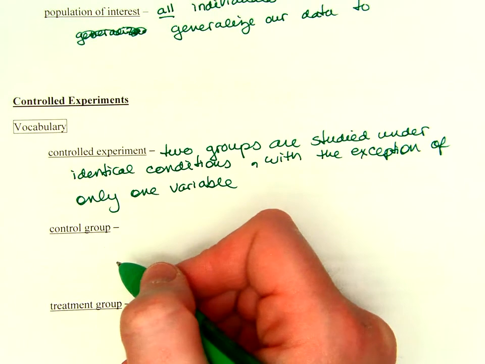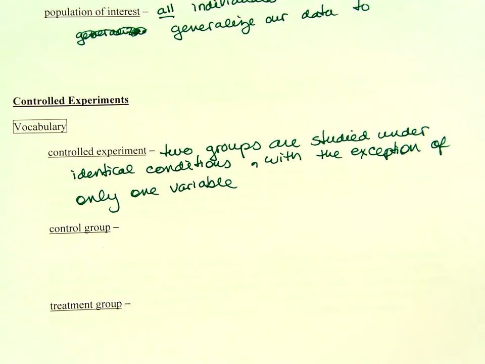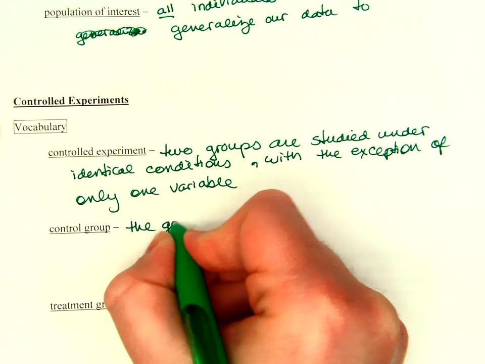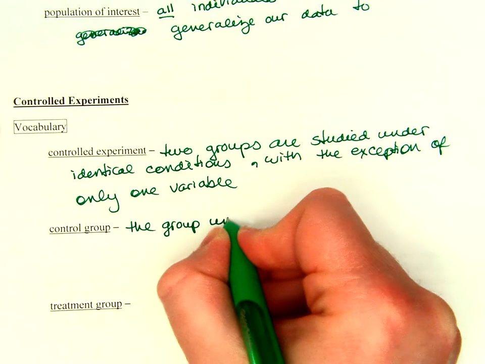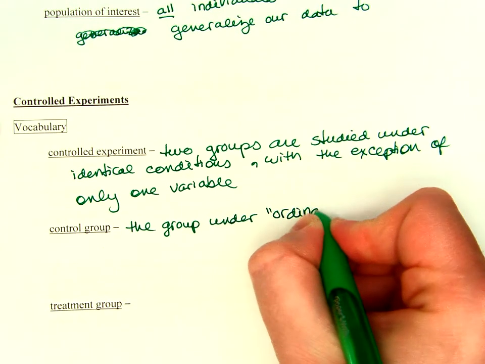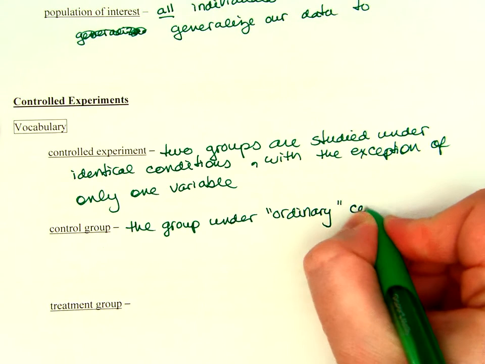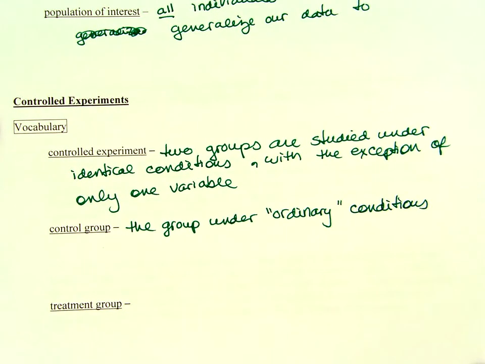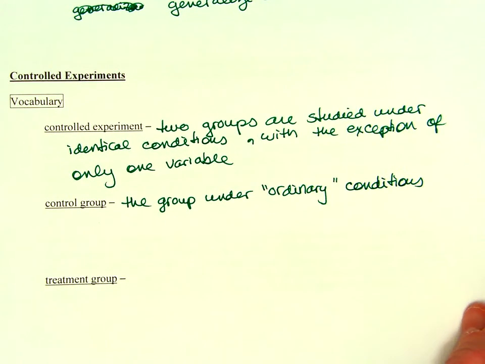The control group is the group that's working under ordinary conditions. As opposed to the treatment group, which is the group that gets something different.